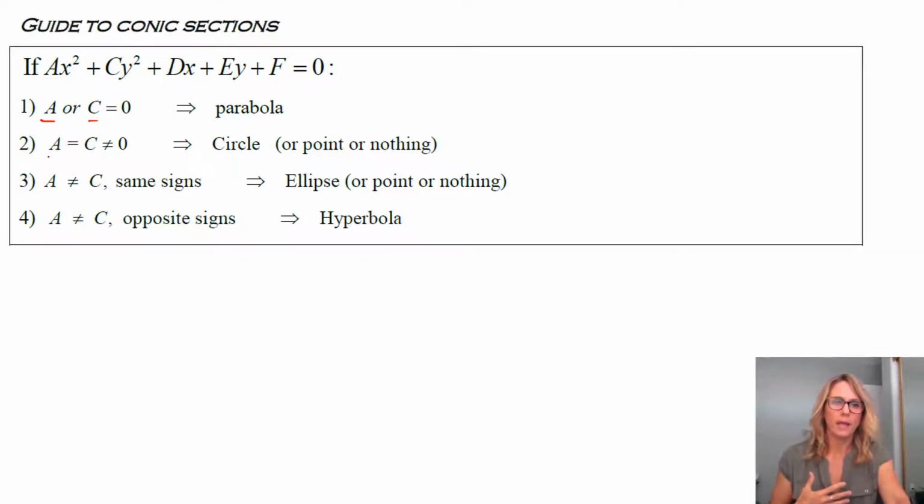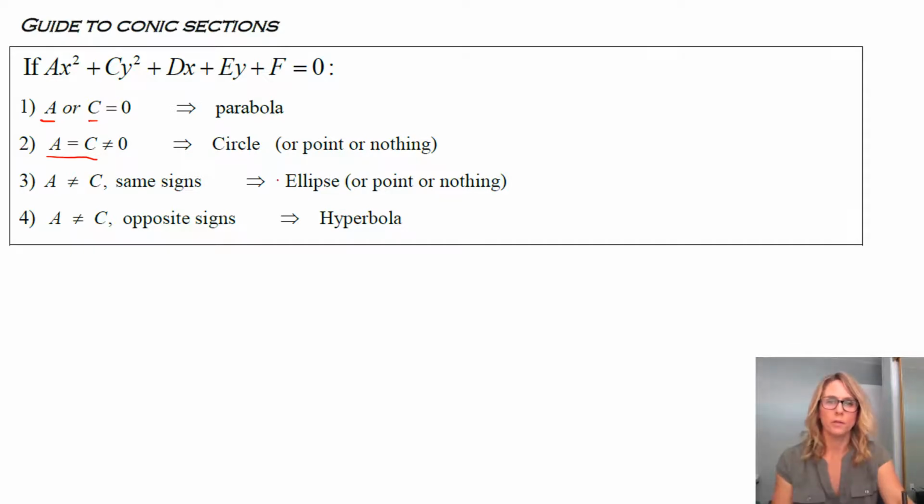Now, if A and C are the same number, whether that is 1, whether that is 5, whatever, as long as they are the same, you will have a circle, because you can always write it in that form, x squared plus y squared equals some number. Okay? So if A and C are the same thing, you are good.